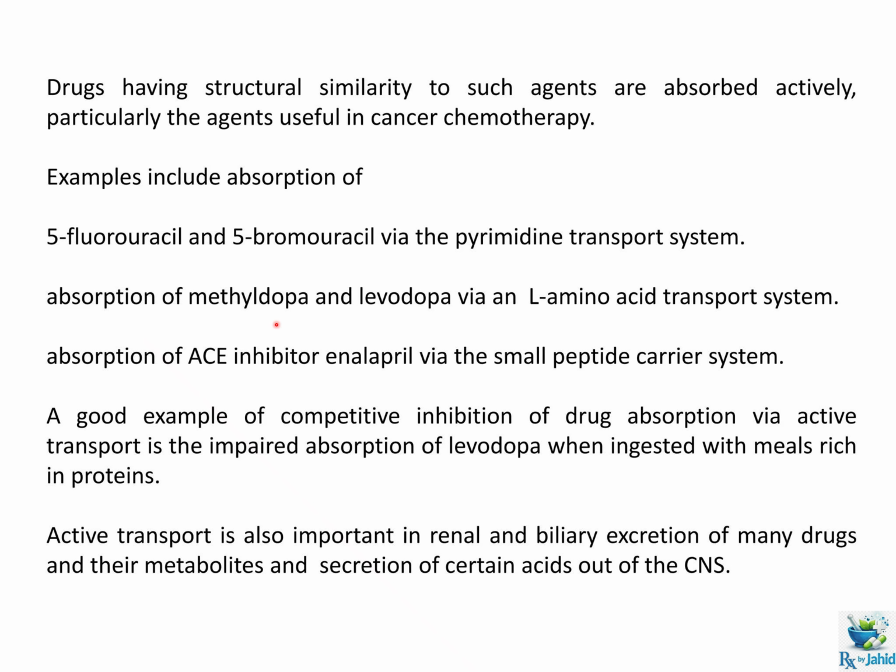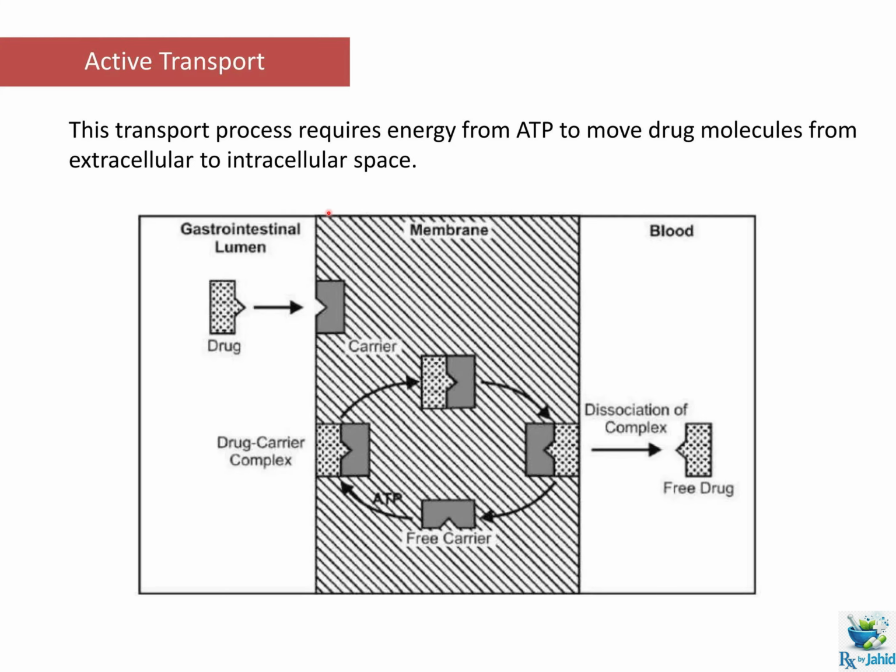So absorption of methyldopa and levodopa, these are drugs for Parkinson disease, are transported via L-amino acid transport system. So ACE inhibitor like enalapril is transported via peptide carrier system. So this is the carrier system, and these are the drugs. So this is the overall overview of active transport system, that energy is utilized, ATP is utilized in this case.